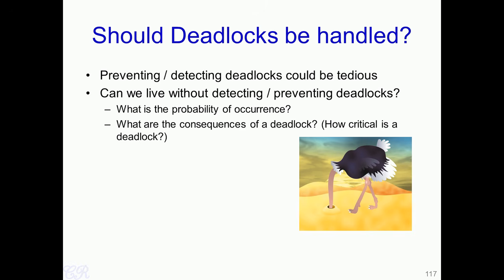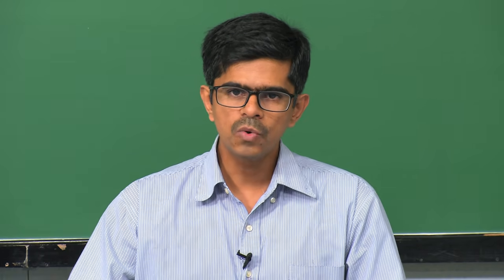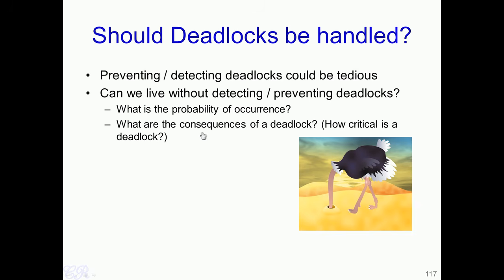For instance, if a deadlock occurs on my desktop, I could simply reboot the system and it is not going to affect me much. On the other hand, if a deadlock occurs say in a safety critical application like a spacecraft or a rocket kind of scenario, then the consequence could be disastrous. Therefore, we need to argue about these two aspects.